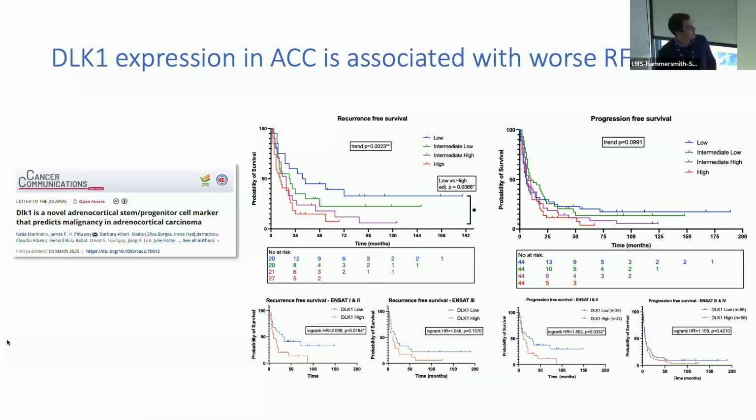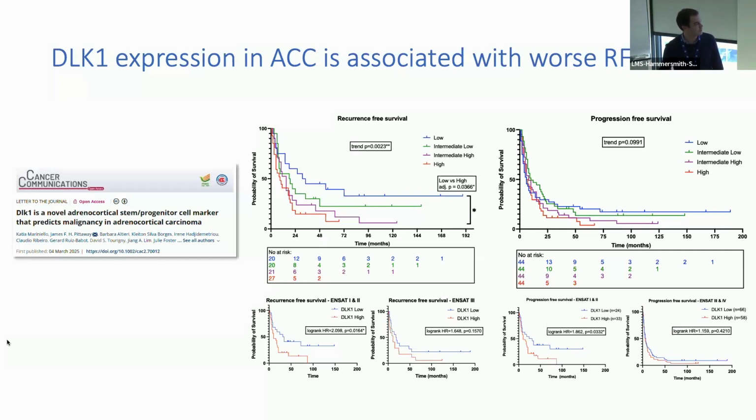These are 2 graphs showing the tissue level expression of DLK1, semi-quantified using H-score, and how the higher levels of DLK1 in the primary tumor specimen were associated with an increased level of recurrence and an increased level of progression.